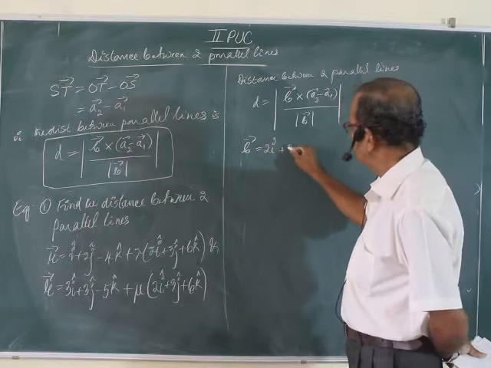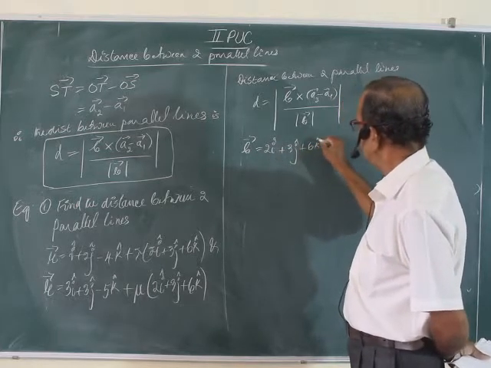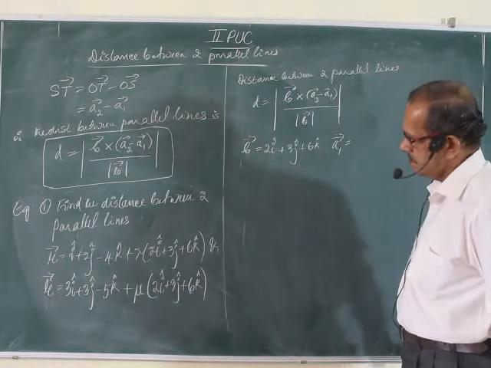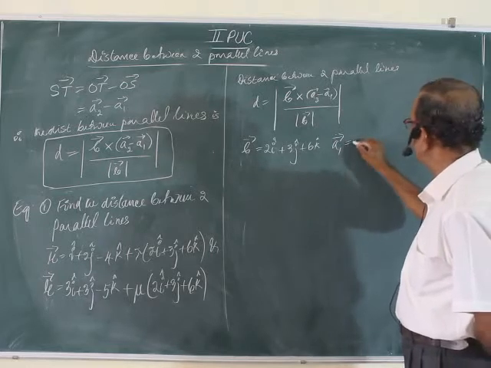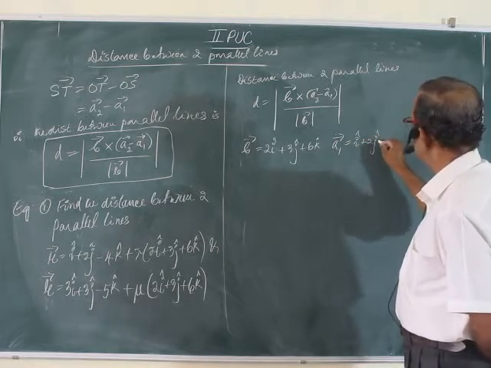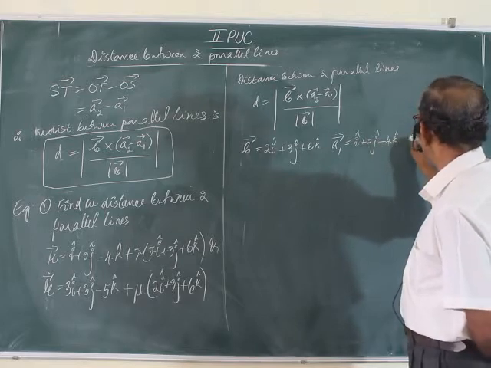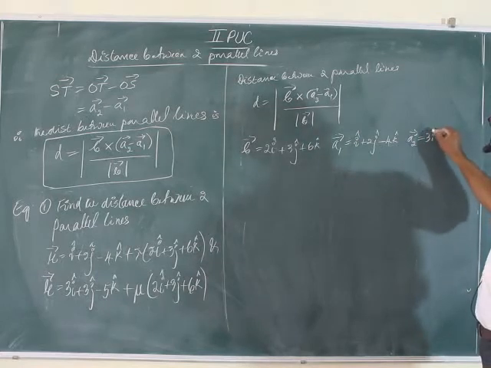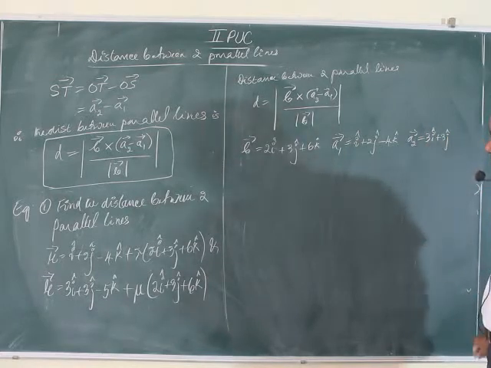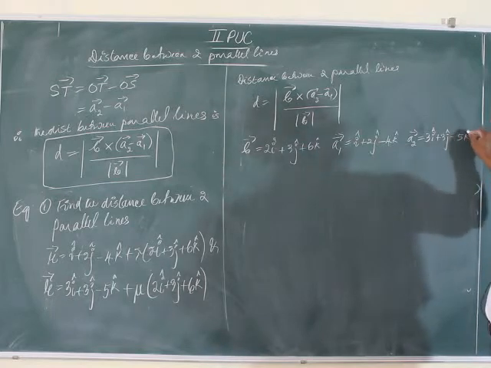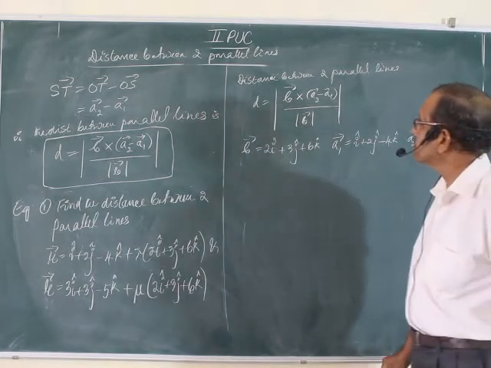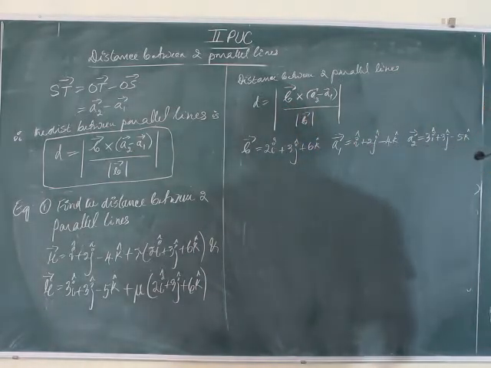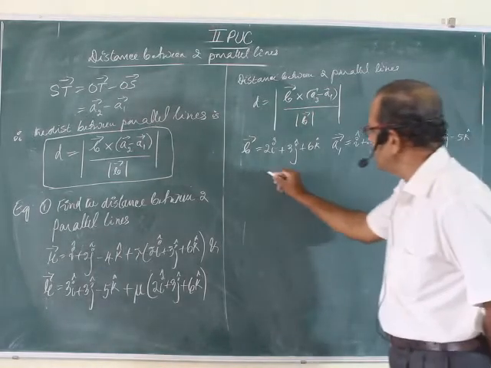B is 2i plus 3j plus 6k. A1 is i plus 2j minus 4k. Vector A2, the second vector, is 3i plus 3j minus 5k. B cross A2 minus A1.